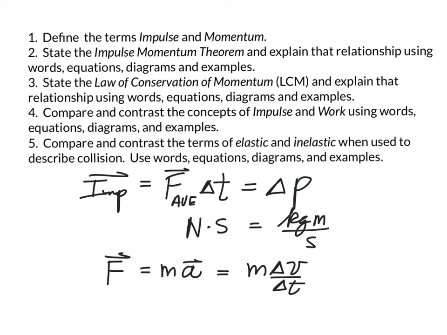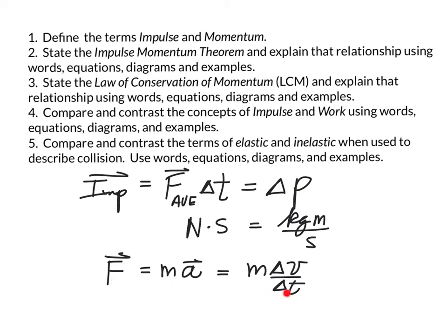And it says that the impulse on any object or system of objects, it works for individual objects or systems of objects, will be equal to its change in momentum. It's a relationship between two concepts, impulse and momentum, but it's equal to the change in momentum.